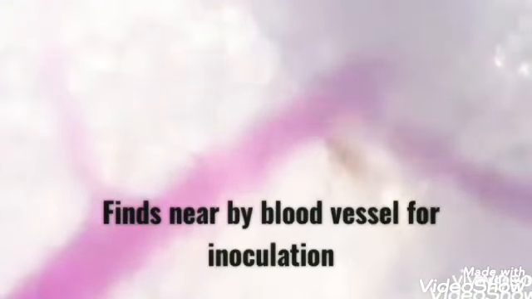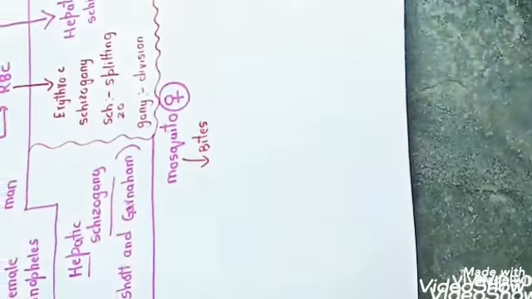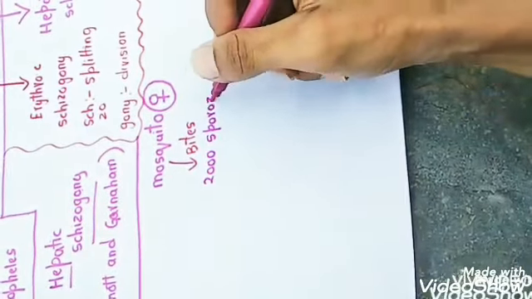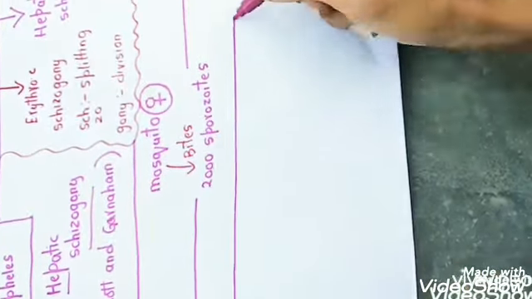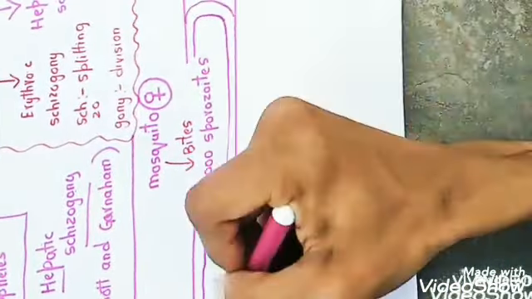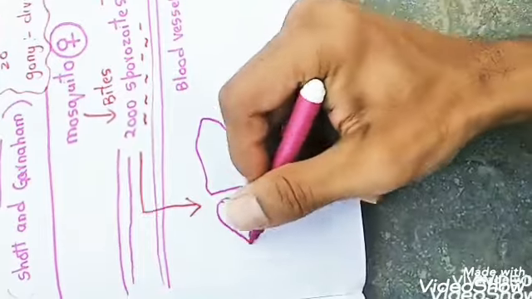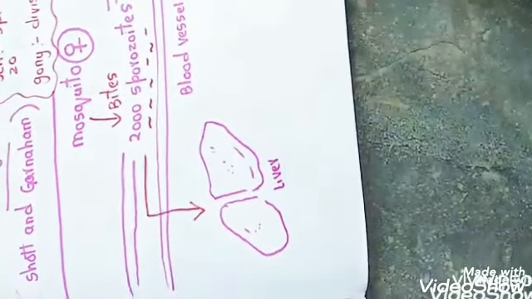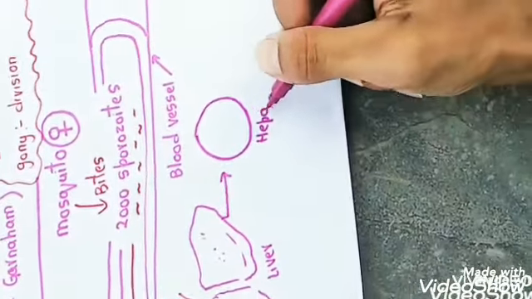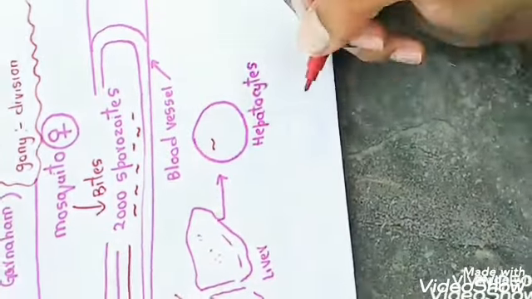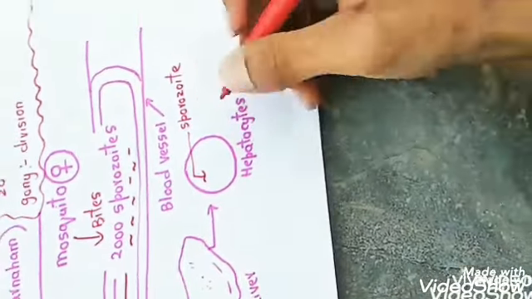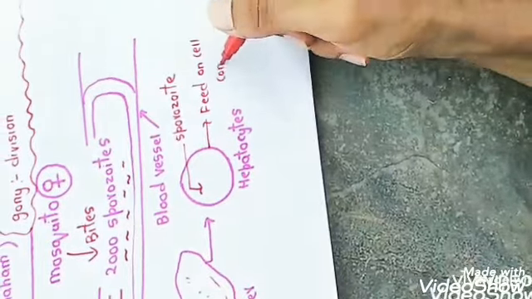With the proboscis, the mosquito finds nearby blood vessels for inoculation of the sporozoites. When it bites, nearly 2,000 sporozoites can enter our bloodstream, and through the bloodstream they reach the liver, where they perform the liver cycle in the hepatocytes by feeding on the contents of the liver cell. This is how it goes.